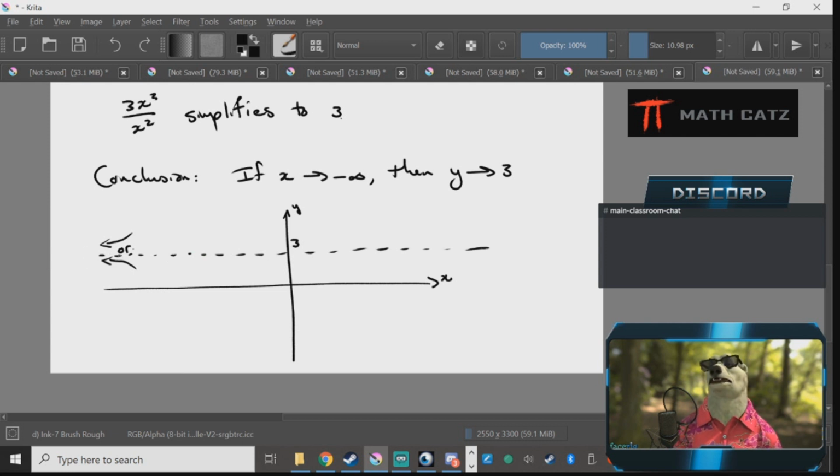And I do that by just going further and further to the left. So that then means, because I am approaching a specific number, I have a horizontal asymptote, which is y equal to 3. It's the equation of this horizontal line.